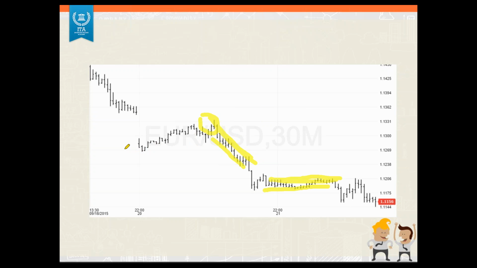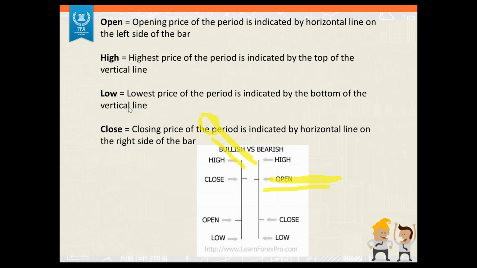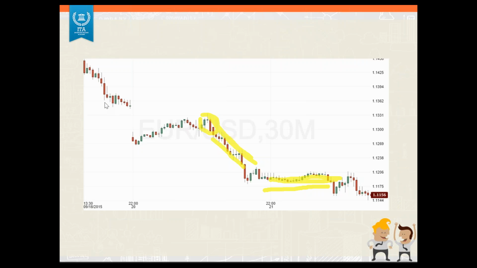But from here we go to the Japanese candlesticks. What you have here is the Japanese candlesticks for the same period of time, for the same asset, but it is misleading because it is colored.